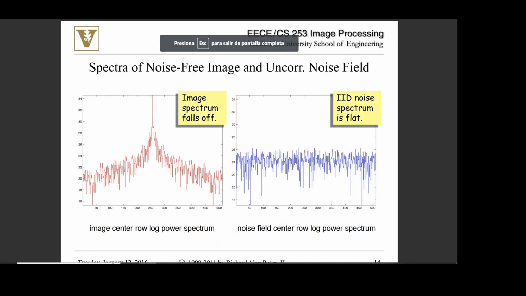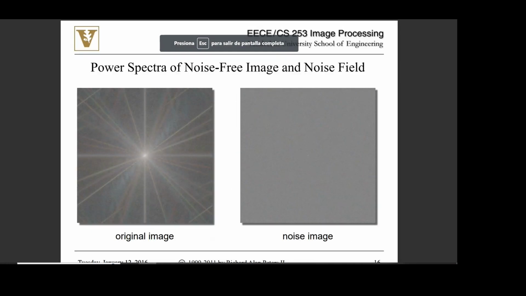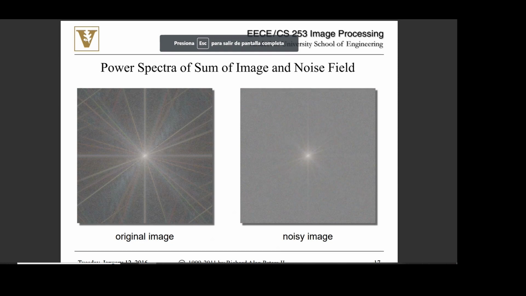Okay, so this is the same, but now looking at the full 2D power spectrum. So this is the power spectrum of the original image, the power spectrum of the noise, and this is the power spectrum of the addition of the two. And you already see that some of the weaker lines here have been buried by the noise.